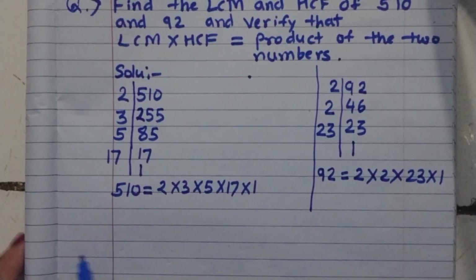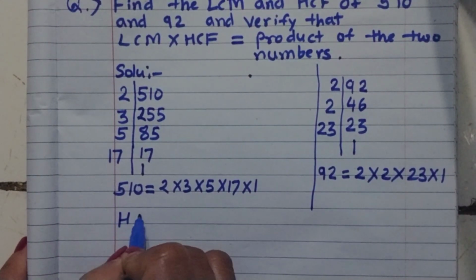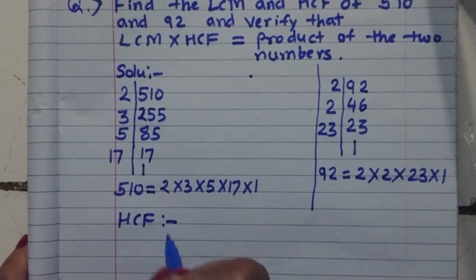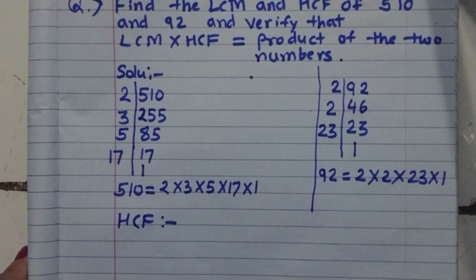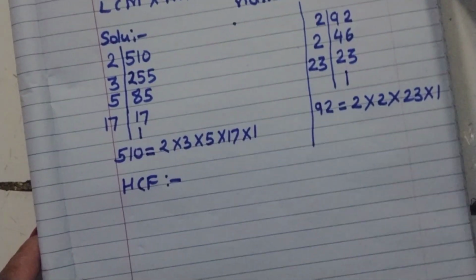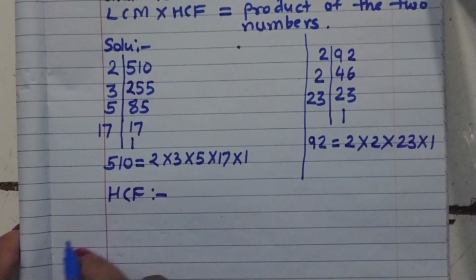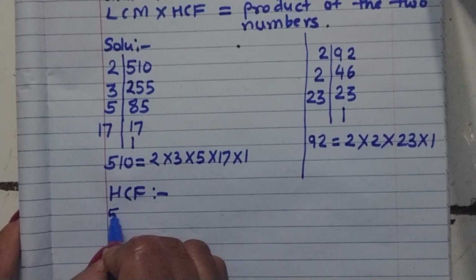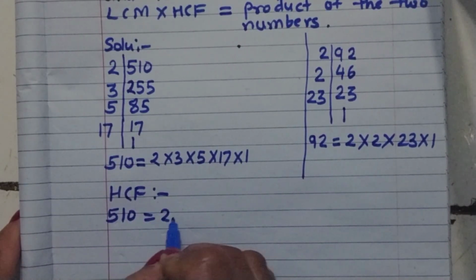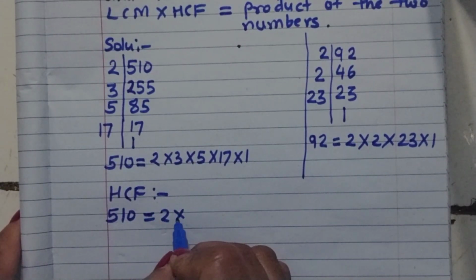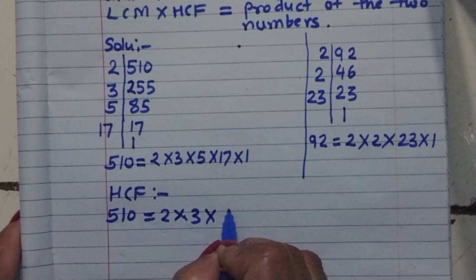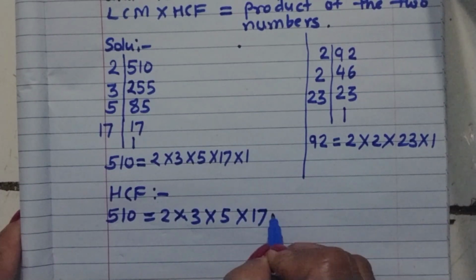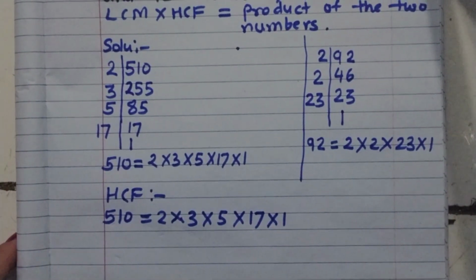Now we find HCF. So to find HCF, we write 510 and 92 as a product of their prime factors. So 510 is equal to 2 multiplied by 3 multiplied by 5 multiplied by 17 multiplied by 1.